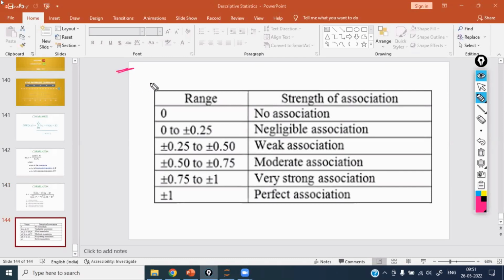It might be negatively or positively correlated, but we are going to consider the modulus of R. For example, you have a very strong correlation with your friend. At the same time, you have one enemy with a very strong correlation. He is a strong enemy, he is a strong friend. In both cases, strong only. Strong is important. Whether it is enemy or friend is secondary.